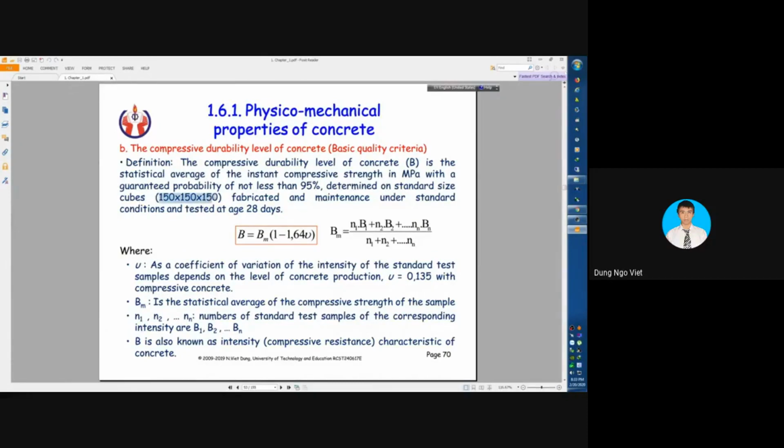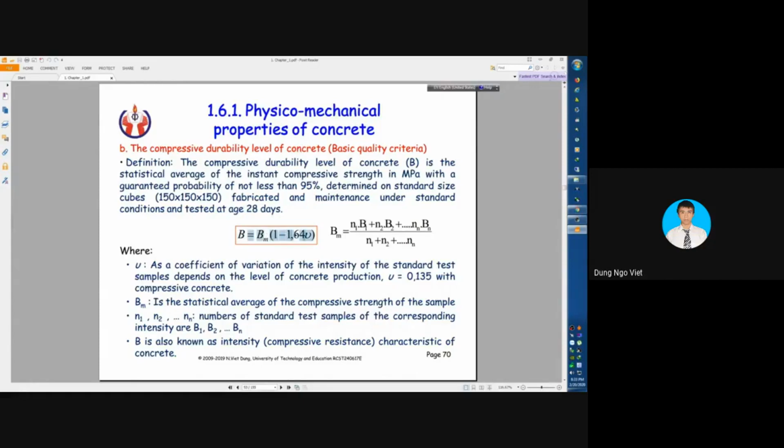This is the size of the cubic sample. And this sample is fabricated and maintained under standard conditions and tested at age 28 days.